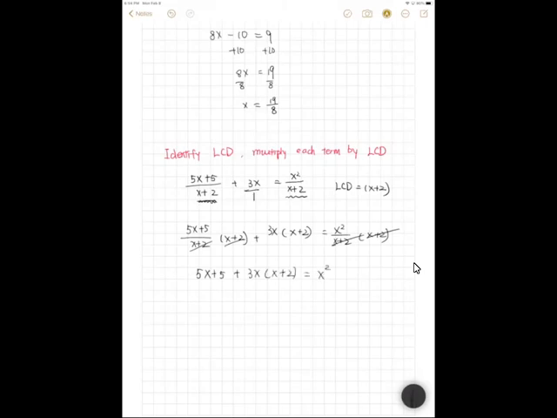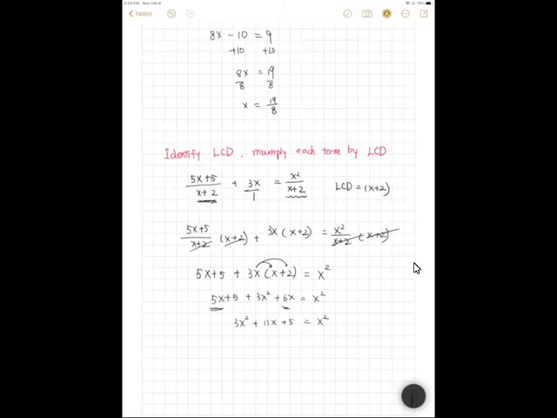And then you can distribute the 3x inside the parentheses. So I have 5x plus 5 plus 3x squared plus 6x equals x squared. You combine the like terms. So I have 3x squared plus 11x plus 5 equals x squared.